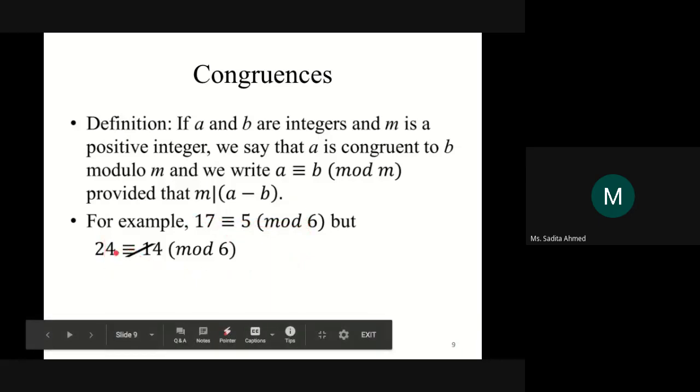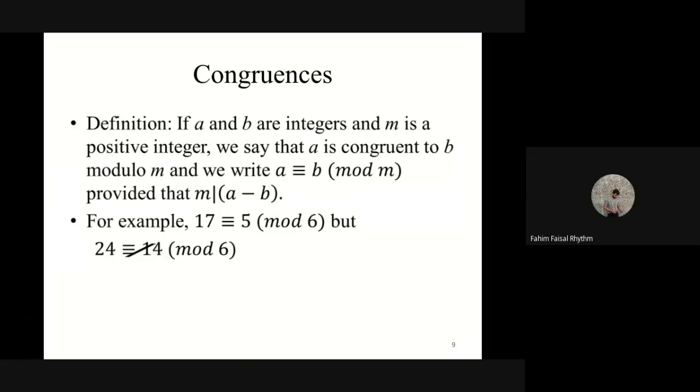However, 24 is not congruent with 14 mod 6. Can you guys say why? Because the result is not an integer. The result of what? 24 minus 14. The result of 24 minus 14 is 10. Yes, 24 minus 14 divided by 6 is not an integer.